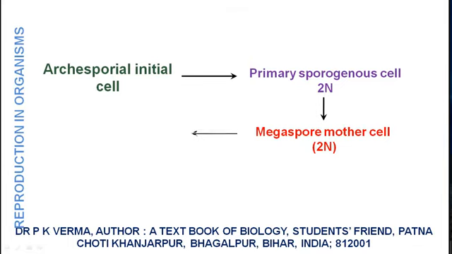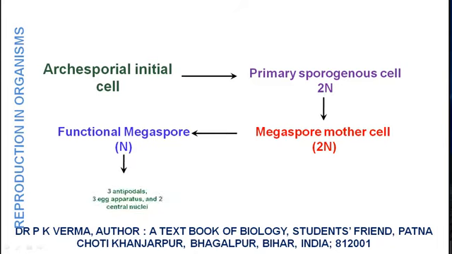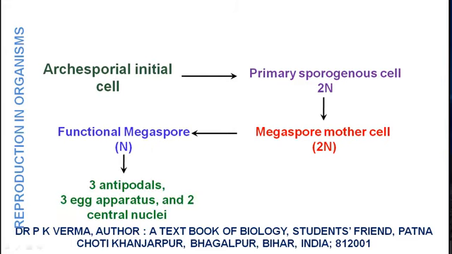Now this mother cell will divide by meiosis and 4 megaspores are produced. One is the functional megaspore. From this functional megaspore, 8 nuclei are formed by 3 mitoses: 3 antipodals, 3 egg apparatus and 2 central nuclei.